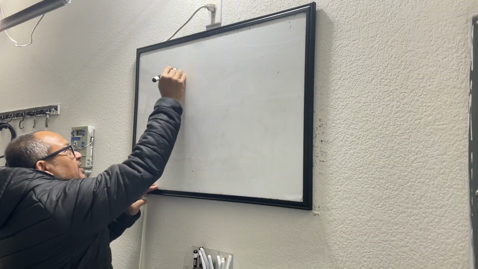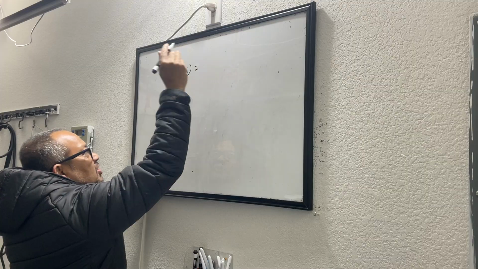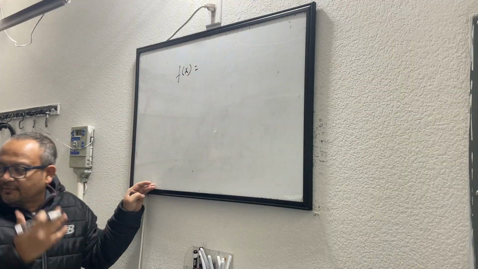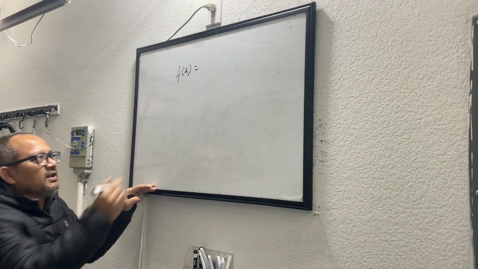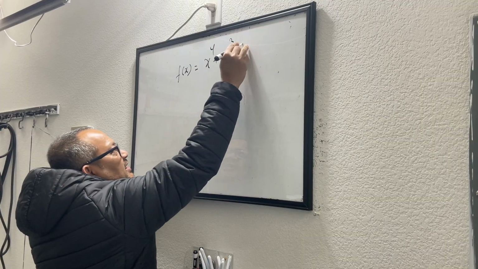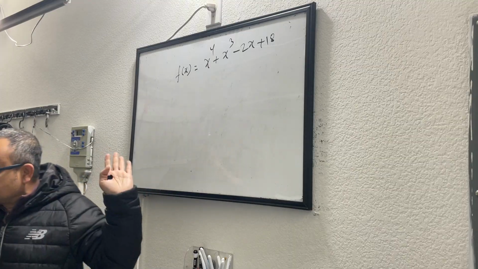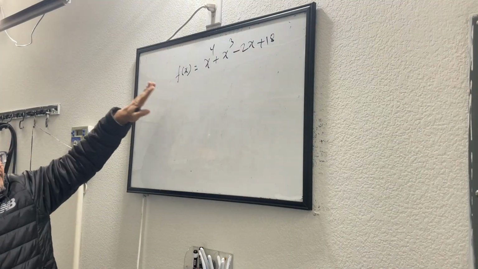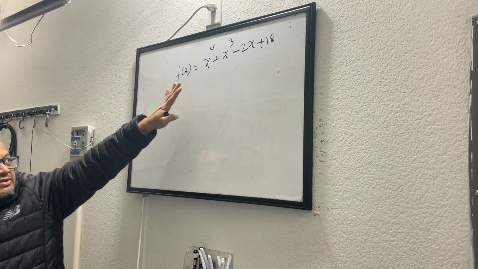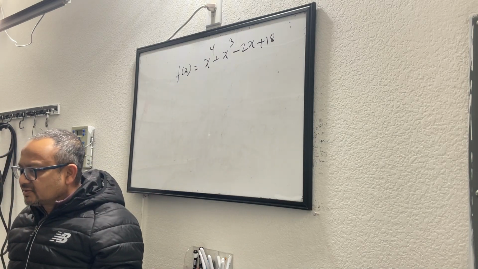if you have a function of x equal to some polynomial, any polynomial, let's say x to the power 4 plus x to the power 3 minus 2x plus 18, I just made it up. I have a function which equals this polynomial. Does it sound okay so far?